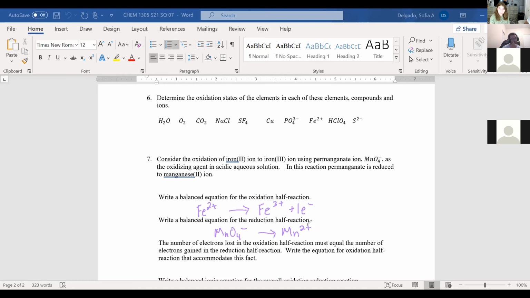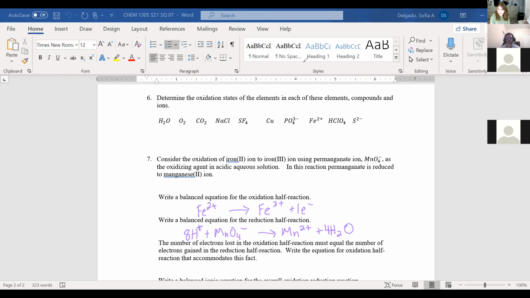And then what Alexander explained in the lectures was that we have the O4 on the reactant side. So we would want to add water on the product side, H2O. And then because we have 4 oxygens on the reactant side, we want 4 oxygens on the products. So it will be a 4 in the water. And then because we have 8 hydrogens on the product side, we want 8 hydrogens on the reactant side.